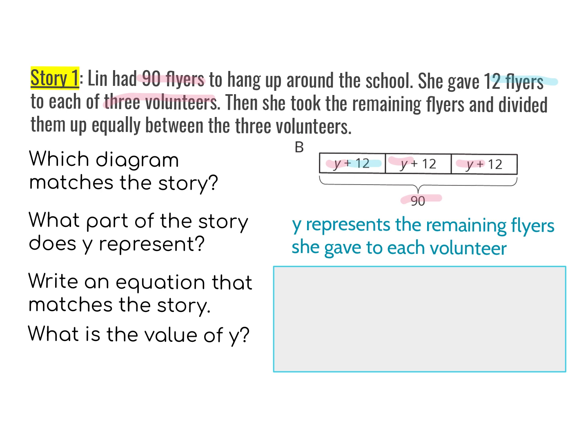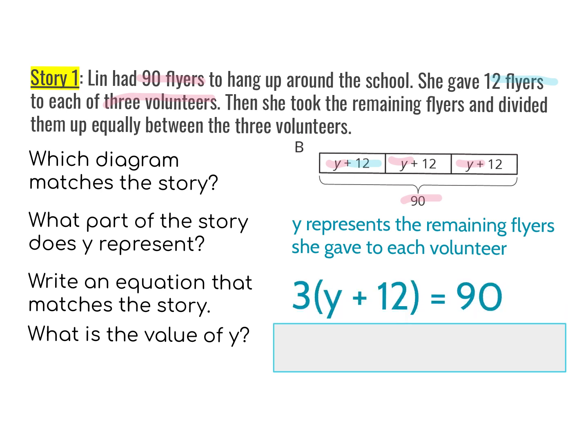So when we write this as an equation, our equation is going to be 3 times (y plus 12) equals 90, because we have 3 groups of (y plus 12) and the total is 90. Then to solve for y, we are going to divide by 3 because we want to figure out how much one group has.